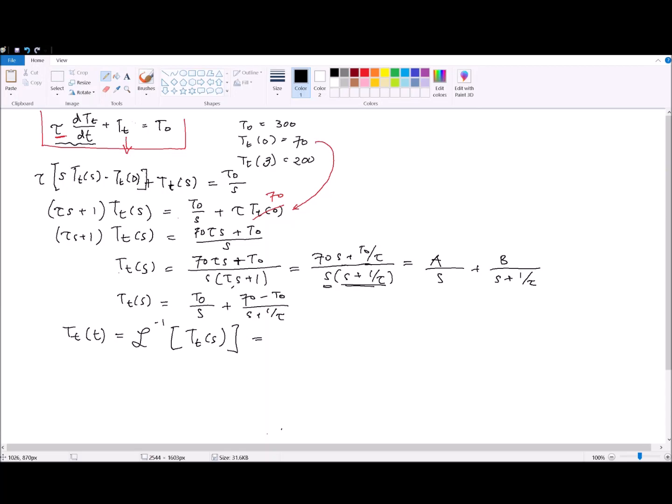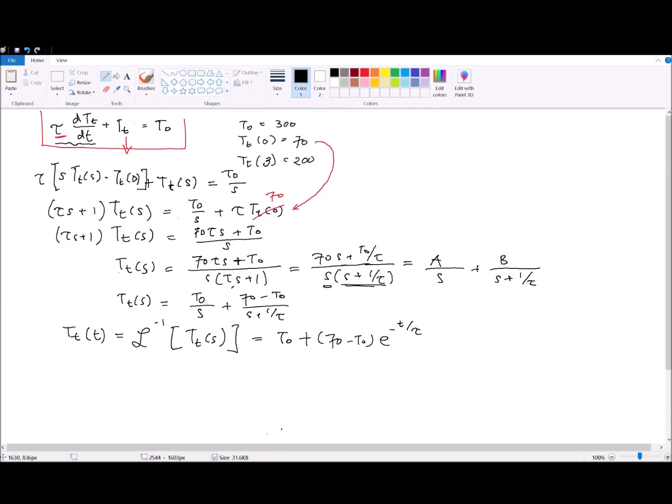If you refer to the Laplace table, you can immediately find that the inverse of 1 over s is unity, so T naught over s, when you inverse Laplace it, becomes T naught. And the second term, please refer to your Laplace transformation table, will be equal to exponential of minus t over tau.